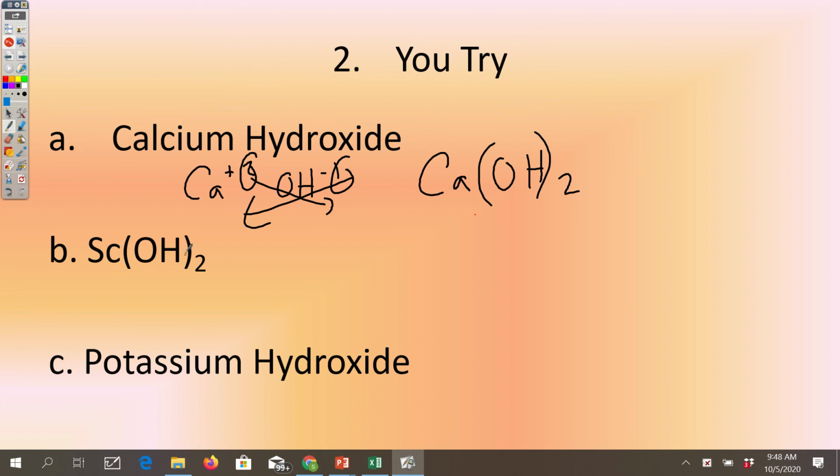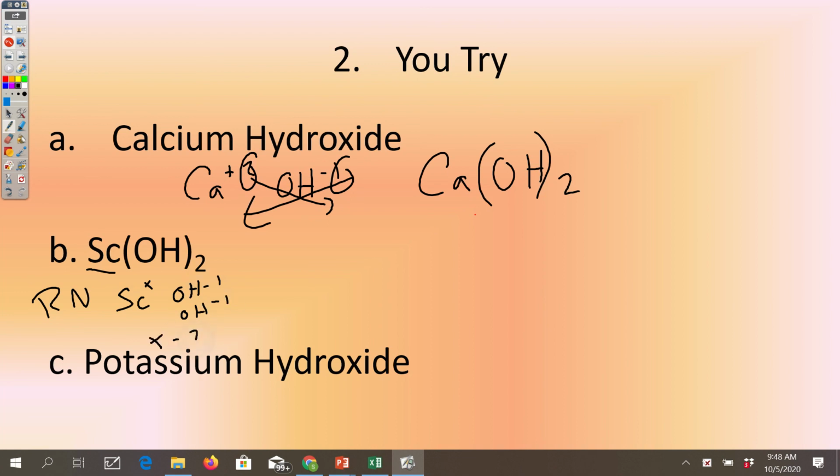All right, Sc(OH)2. What's the first step when naming anything? Good. Determine the type. Sc. What's its type? Roman numeral. Darn, that means we're going to have to do some work. We're going to have to figure out what its charge is. So Sc is X. OH, I've got 2 of them, -1, -1.